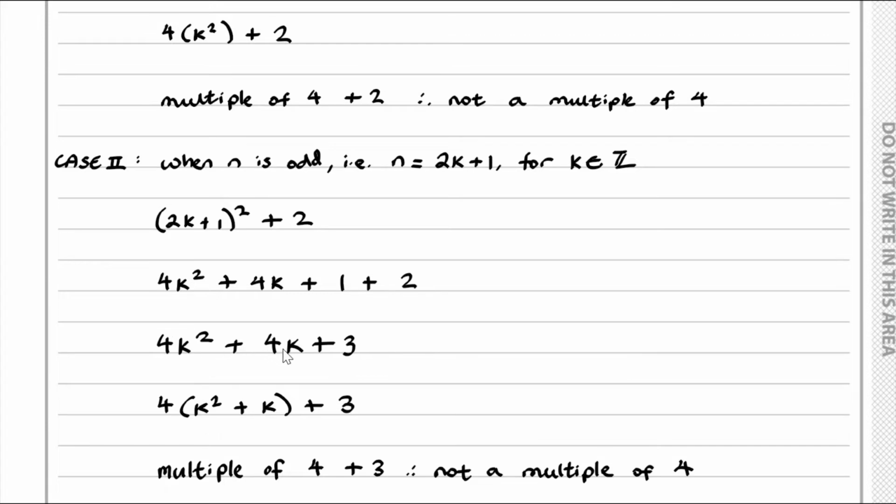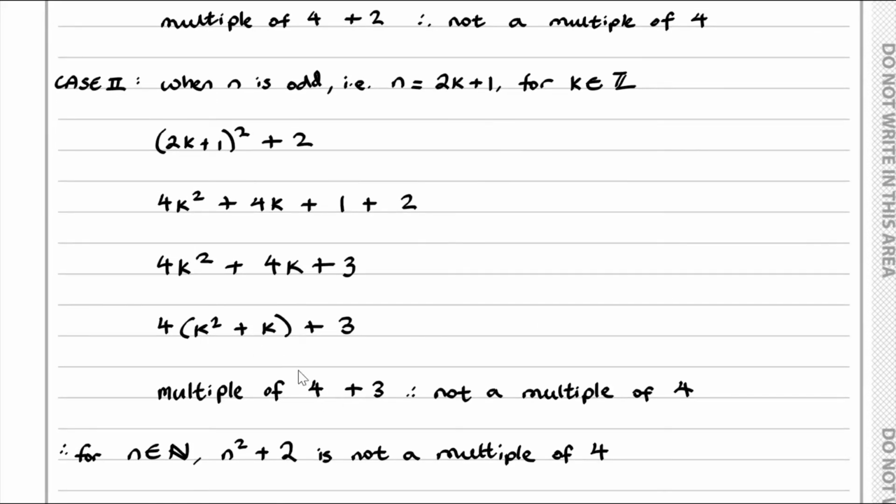So we have 4k squared plus 4k plus 3, which is the same as 4 lots of k squared plus k plus 3. So we have a multiple of 4 plus 3, and that's not a multiple of 4. And therefore, for the set of natural numbers, n squared plus 2 is not a multiple of 4.